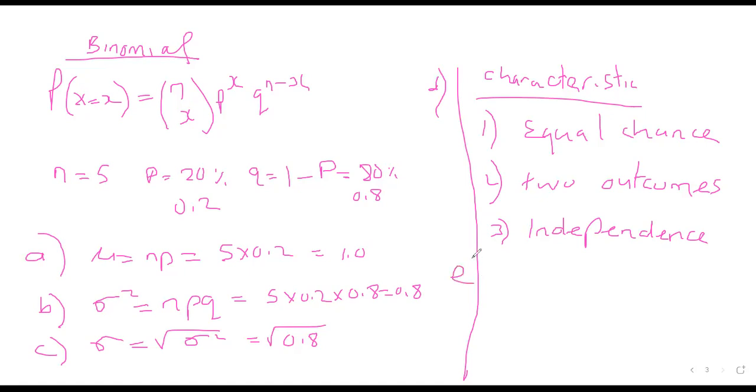Part E, they ask you to find the probability of x equals 0, 1, 2, and 3. Then they'll ask you to find at most 2, and they also ask you at least 2.